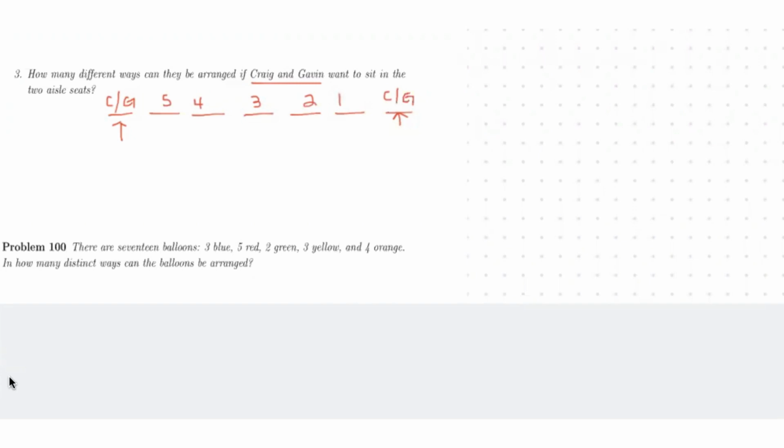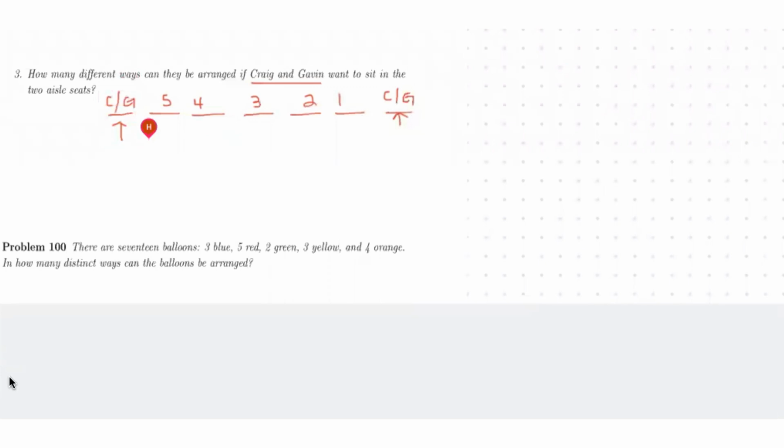Now, how do we compute for the 2 aisle seats right here? Here's the thing. If Gavin sits here, Craig has to be here. That's one way. If Craig sits here, Gavin sits here. So one person sits here, and then the next person automatically goes in the other. So at this position, either Craig or Gavin, there are 2 ways to choose.